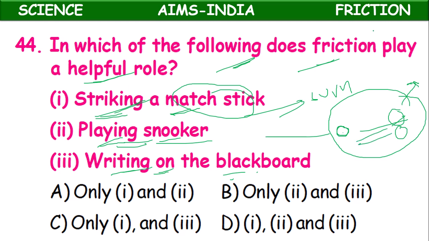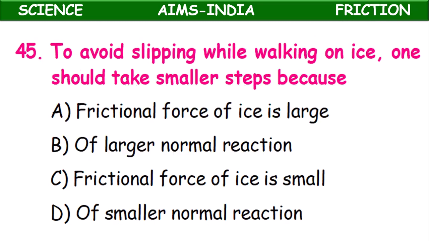That balancing is done by friction. So in this also it is helpful. Writing on the blackboard, the chalk piece sticks to the blackboard. So it is also helpful. So all three, 1, 2, 3. D option.